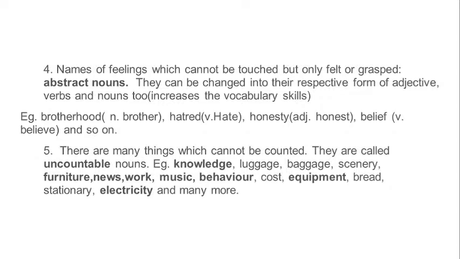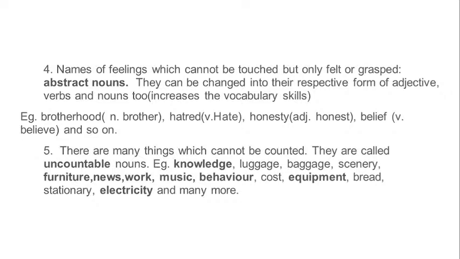But pay attention to the examples, because these are the portions from where most of your questions are asked, right? Uncountable nouns are the ones which can't be counted. So knowledge, luggage, baggage. We don't say many knowledges, right? I have gained many knowledges. No, you don't say that. We say I have gained much knowledge. He's a person who has a lot of knowledge.